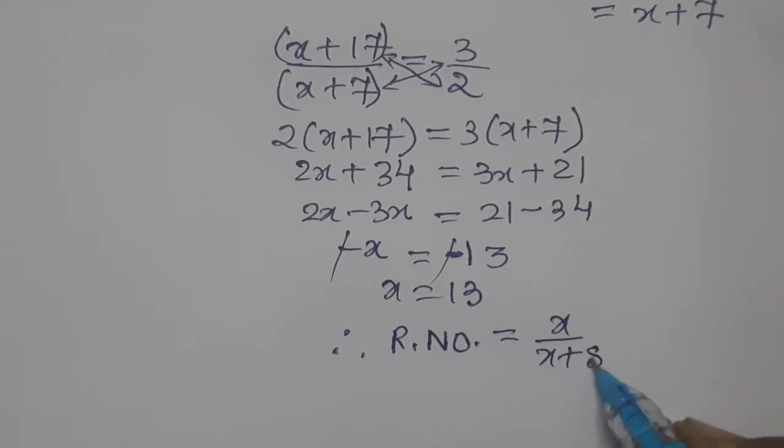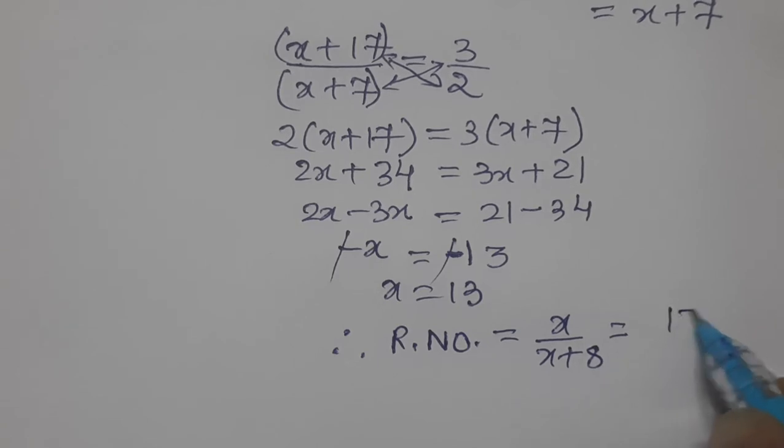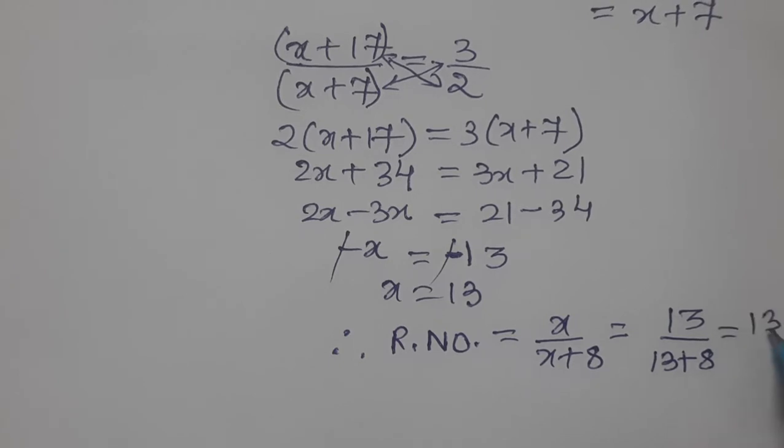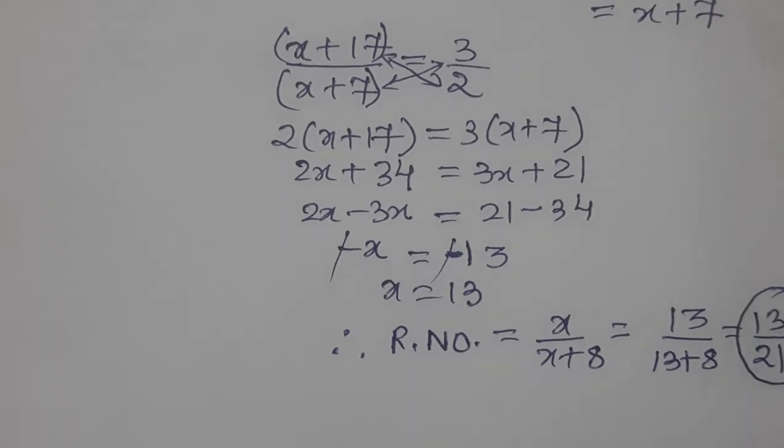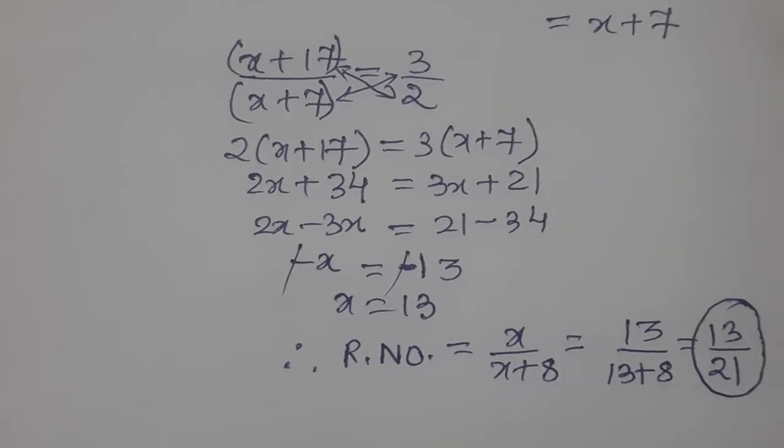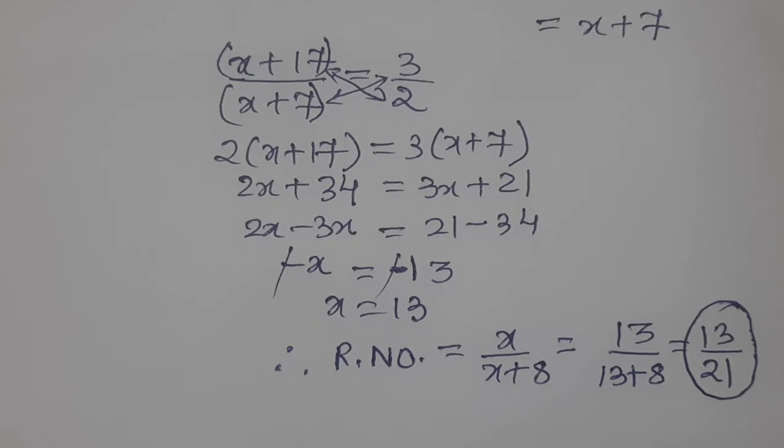Put the value. What is x? 13. What is denominator? 13 plus 8. 13 by 13 plus 8, 21. So this is our rational number, 13 by 21.